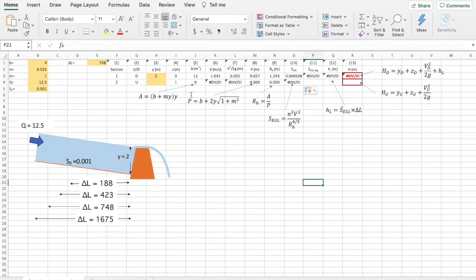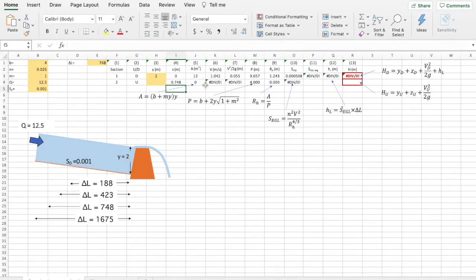One thing we need to fix is the elevation: since we define the datum at section 1, the elevation at section 1 is 0, and the elevation at section 2 will be equal to delta L times the slope. We need to fix the slope, since the channel slope does not change.